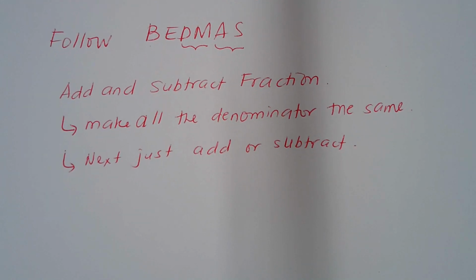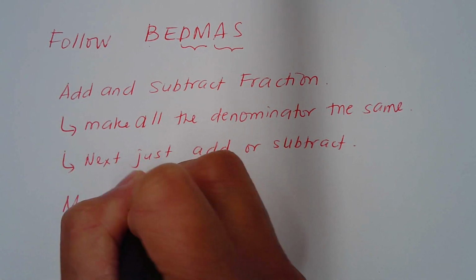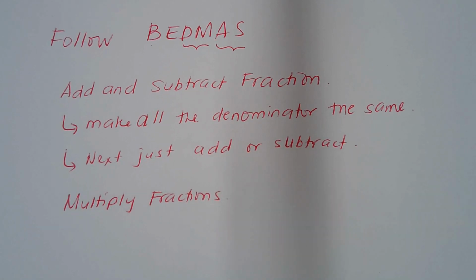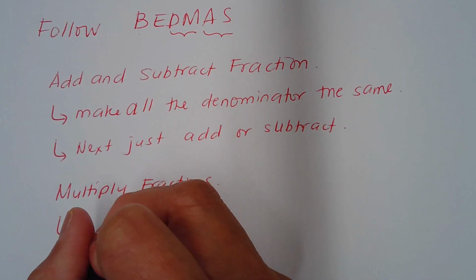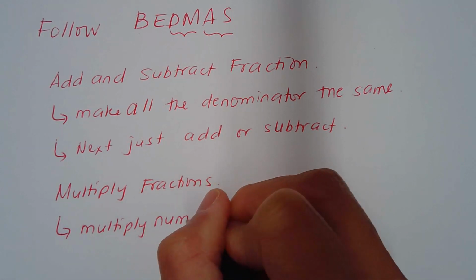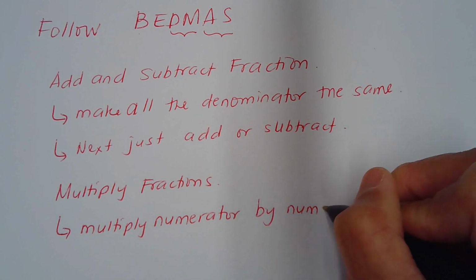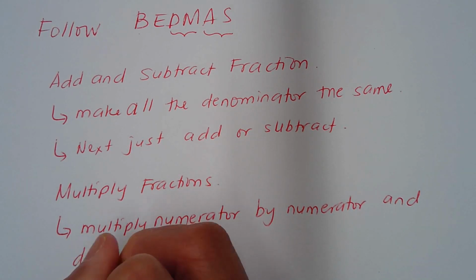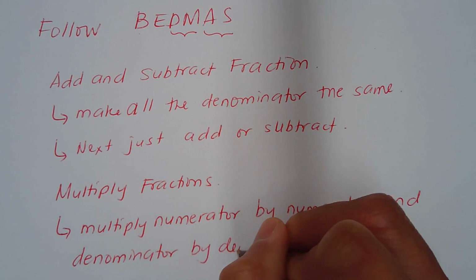What about the rule when we're multiplying? Multiply fractions. How do we multiply fractions? What's the rule? Multiply numerators by numerator and denominator by denominator.